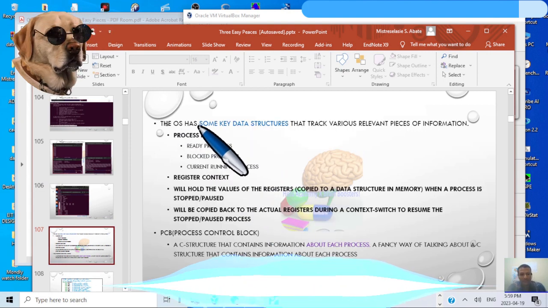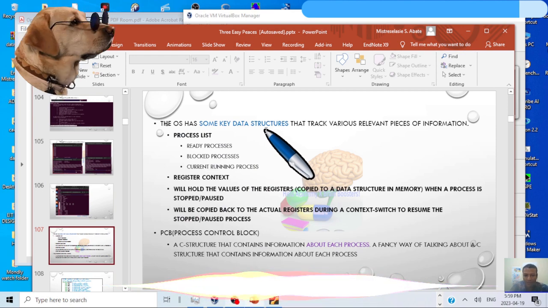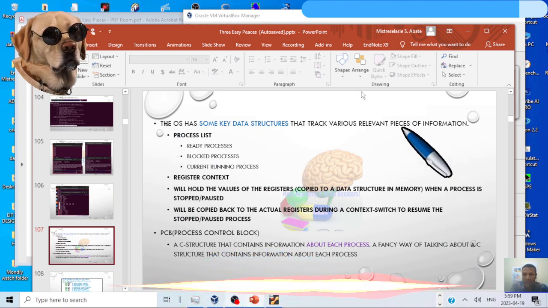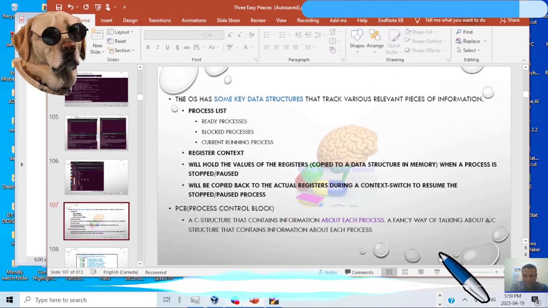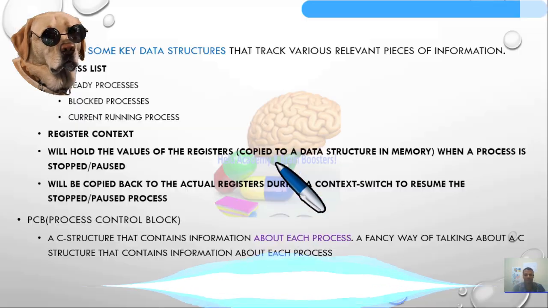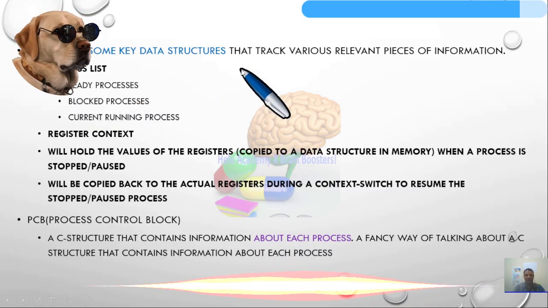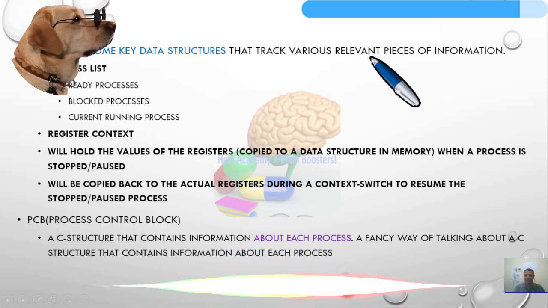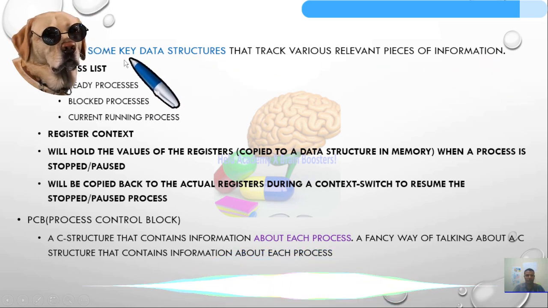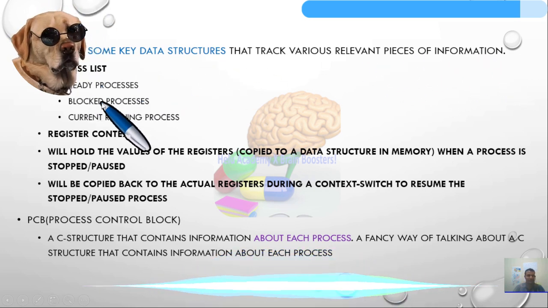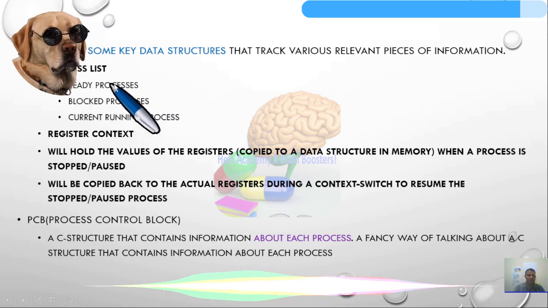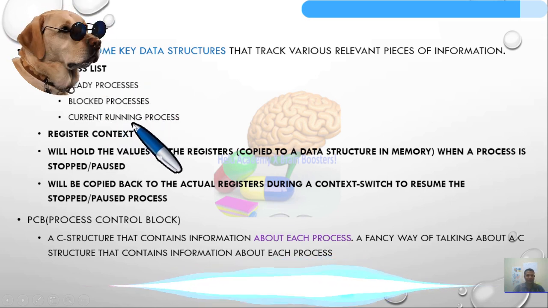Okay, the operating system has some key data structures that track various relevant pieces of information. So process list, ready process, blocked process, current running process.